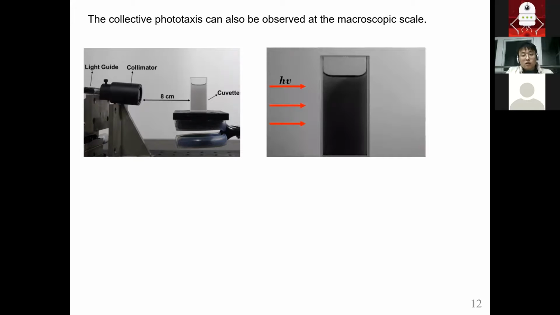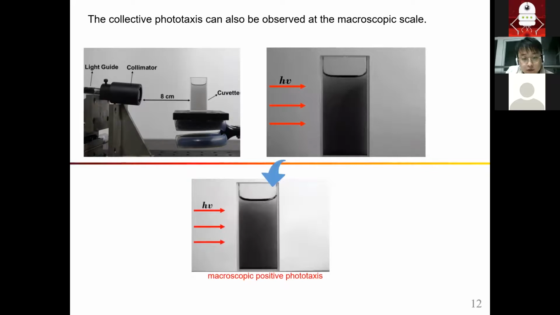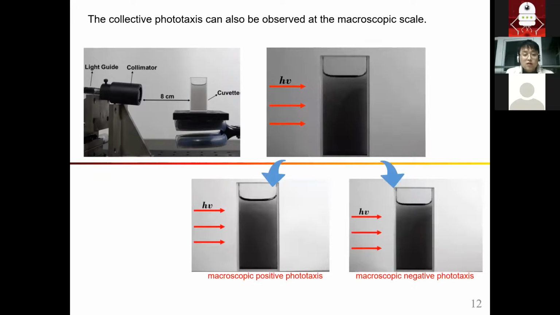When we turn up the intensity of light, it's negative phototaxis. So it also presents microscopic positive phototaxis and microscopic negative phototaxis.